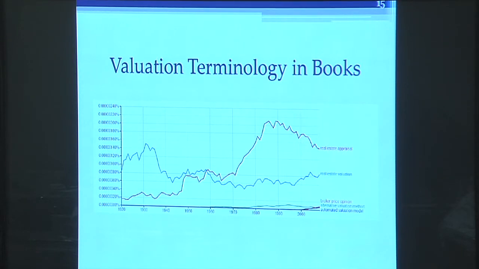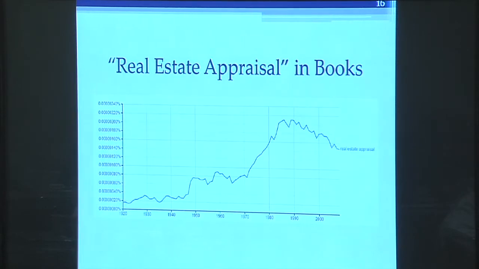Real estate valuation is flat, and what you can see at the bottom is that there's been this little appearance of broker price opinion, alternative valuation method, and alternative valuation model. Well, if we break this out and start to look at them independently, we can see that real estate appraisal, again, was tailing off.